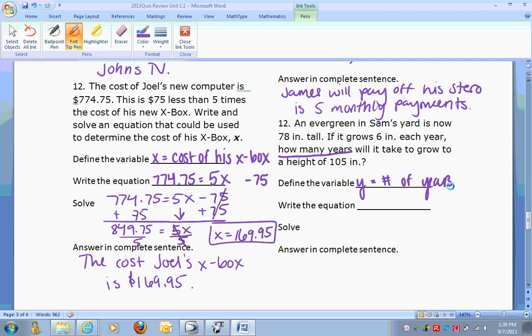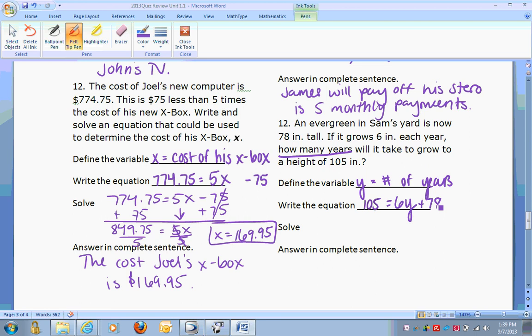Okay, the equation, we want it to be a height of 105 inches. So we want the height to equal 105. And we know that it's growing 6 inches each year. So 6 times y. And then we know it's already 78 inches, so we're going to add 78. Okay, so we have 78 plus 6y, or 6y plus 78 equals 105.